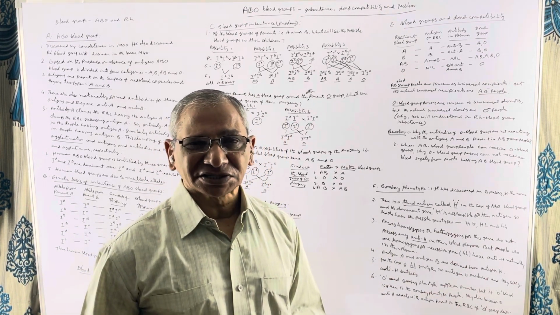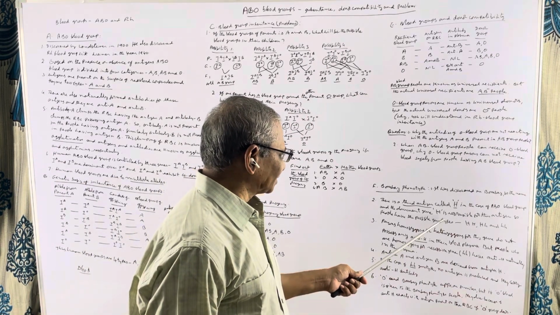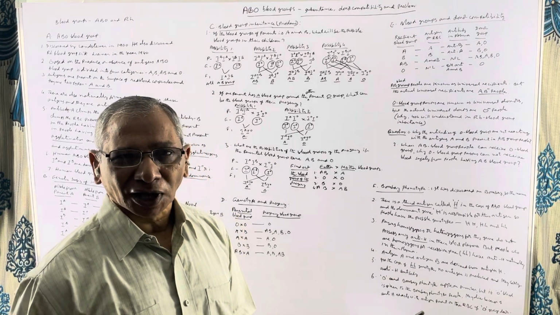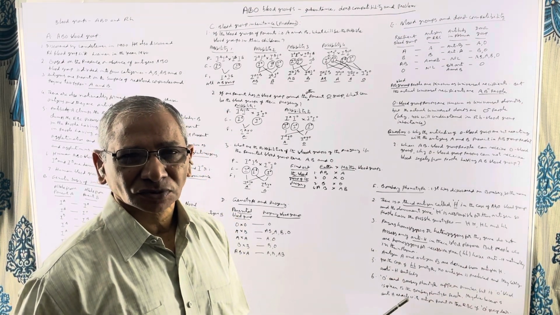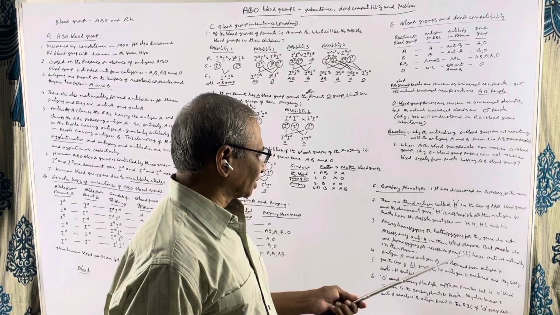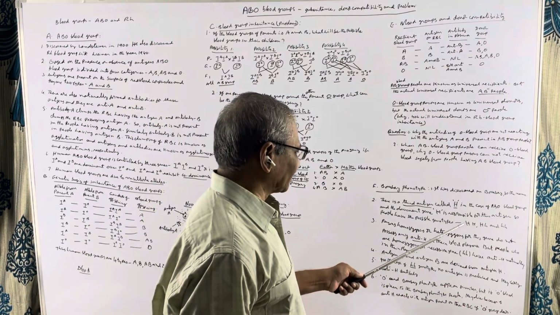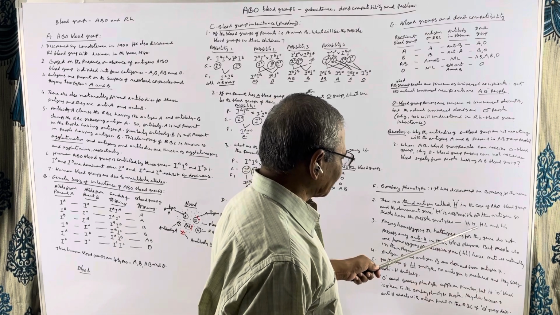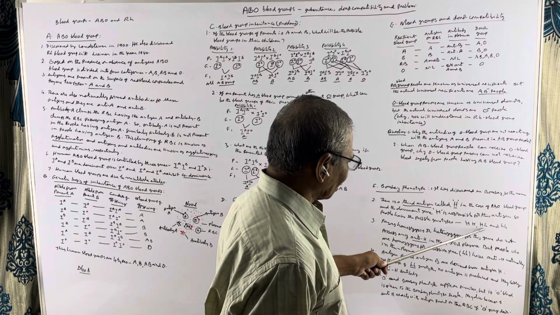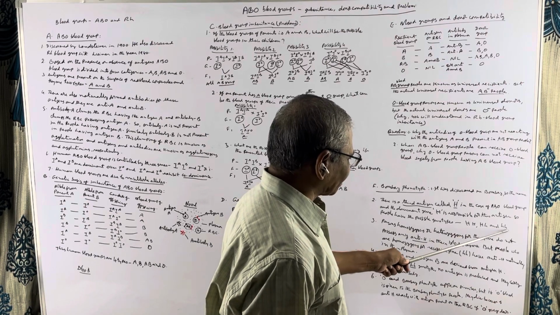Actually, what happens is, there is another gene, dominant gene called H on RBC. This H gene is either dominant or recessive. That means it occurs in 3 combinations: homozygous dominant HH, heterozygous dominant, or recessive.